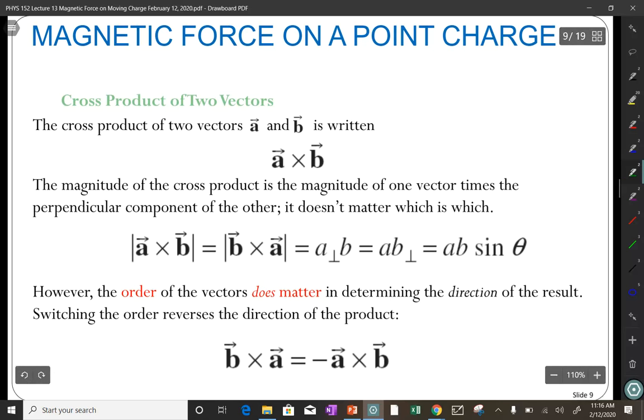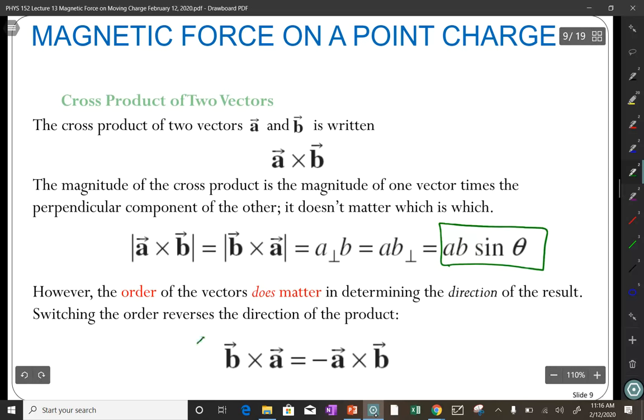And that's the component of A perpendicular to B times B, or the component of B perpendicular to A times A. Either way will get you the same answer. Or AB sine theta, which is what we usually just jump to, because A sine theta is the component of A perpendicular to B, or B sine theta is the component of B perpendicular to A.